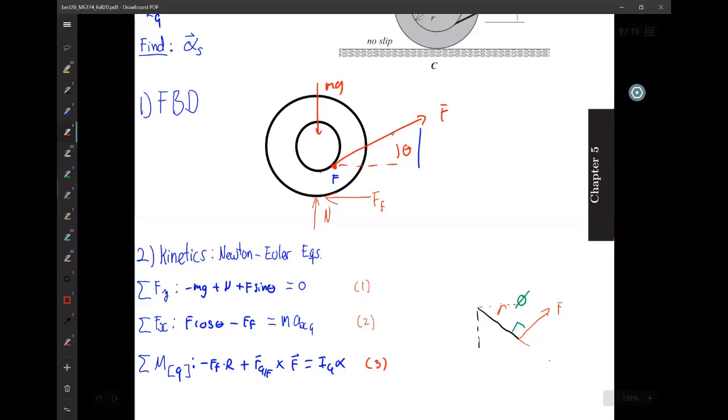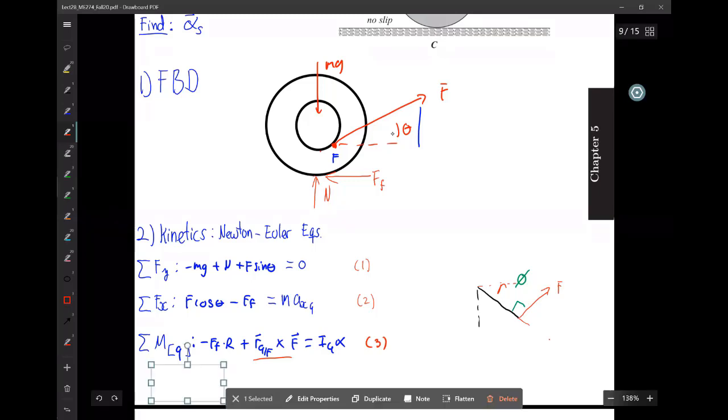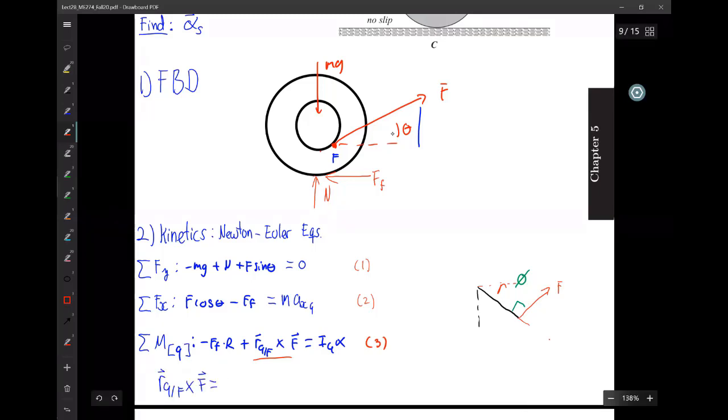So why did I keep the mathematical definition? And you guys don't need to be afraid of that. You need to use it. Now the way to use it is to remember how it works. By definition, the cross product is the magnitude of the first vector times the magnitude of the second vector times sine of the angle.